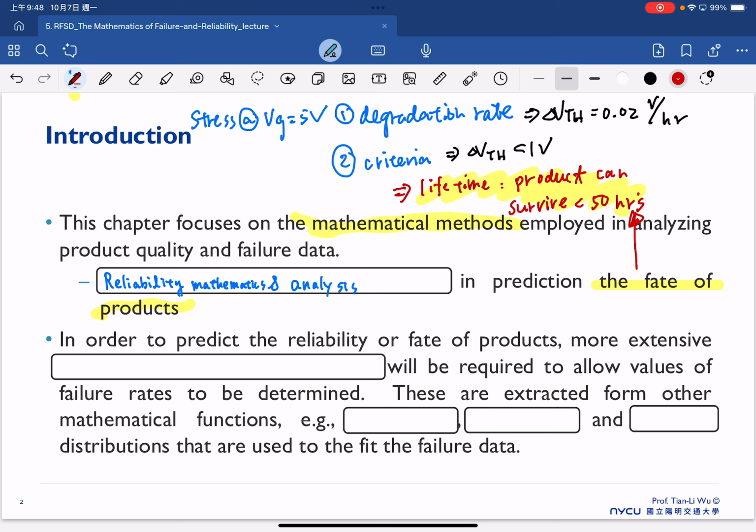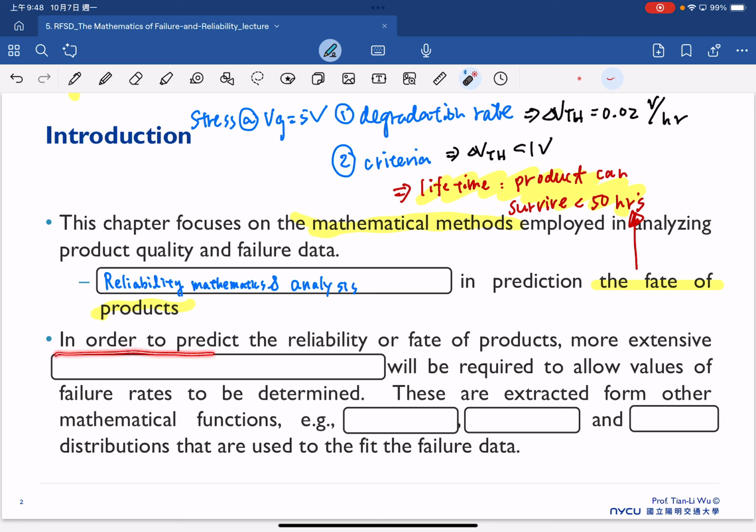That's why, as being a part of the reliability evaluation, we're not only focused on understanding the degradation, in the end we also have to come up with this degradation rate. In the end, that can give us a lifetime estimation. So then, considering this simple case, we can know that our product can survive maximum up to 50 hours.